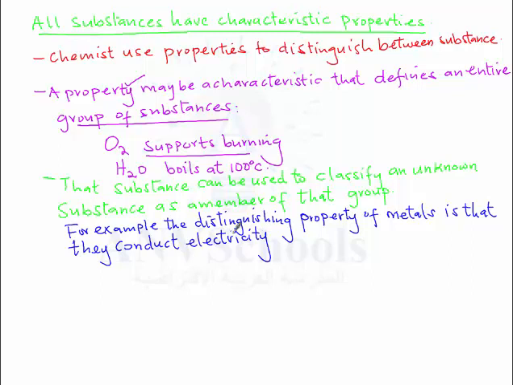So if you take a substance and try it with electricity and electricity does not pass through it, then you cannot regard it as being a metal. But if it can conduct electricity, then there is a high chance that this substance is a metal. Therefore, an unknown element, if tested and found to conduct electricity well, is a metal. So properties can help reveal the identity of an unknown substance.